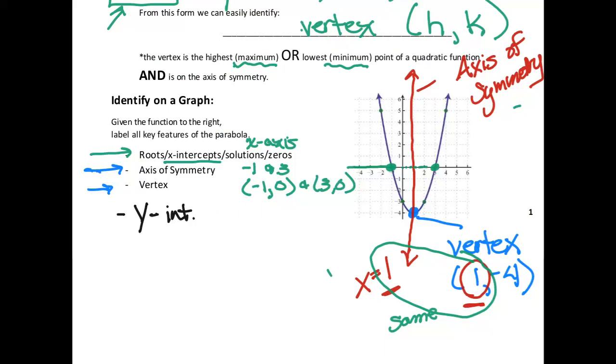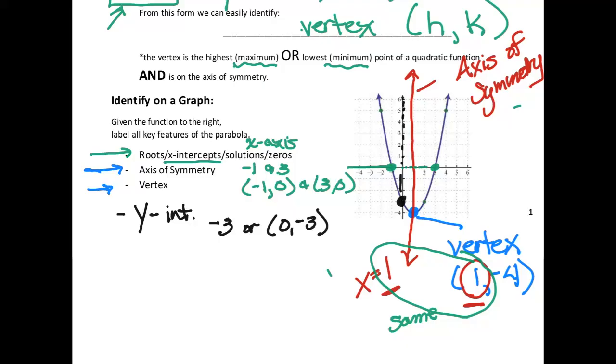Anybody? -3, yeah. Here's my y-axis. Right there is your y-intercept. So that is -3, or you could write it as (0, -3).